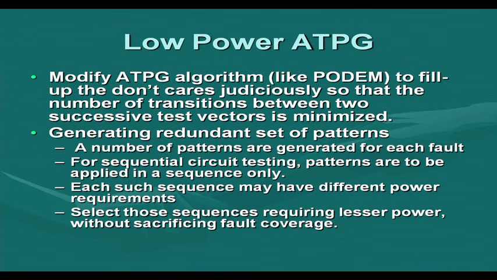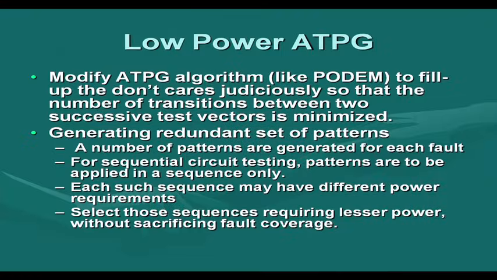So, we can go for the sequence which may be longer, but whose power values are low. If we select these sequences requiring less power, fault coverage is not sacrificed, because for every fault I have options of sequences, and I am including at least one sequence for each fault. So, fault coverage is not dropped, but our power consumption may be reduced.